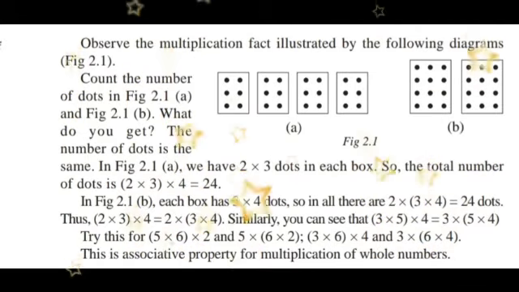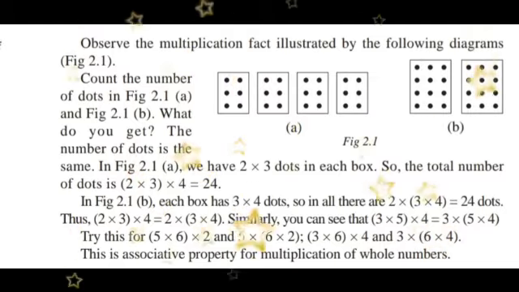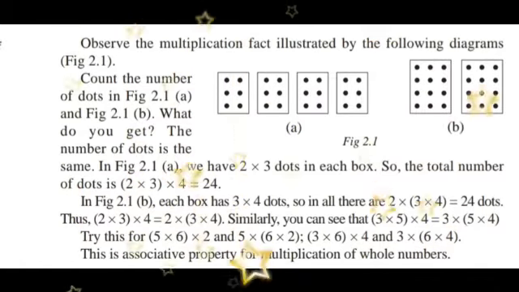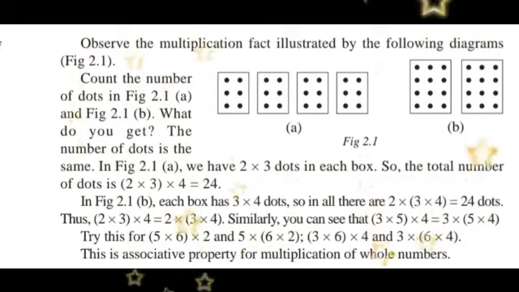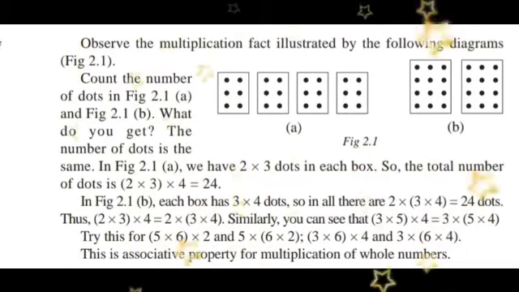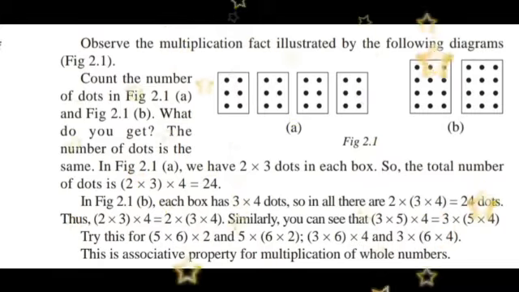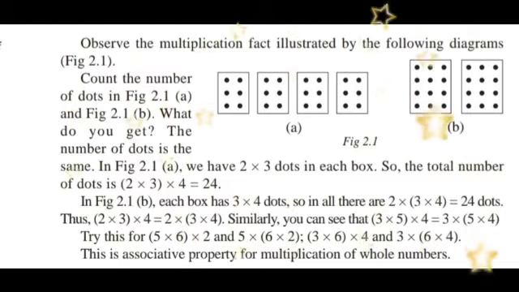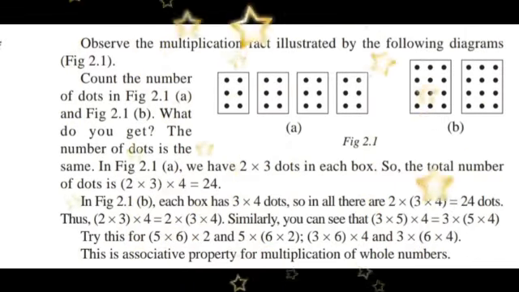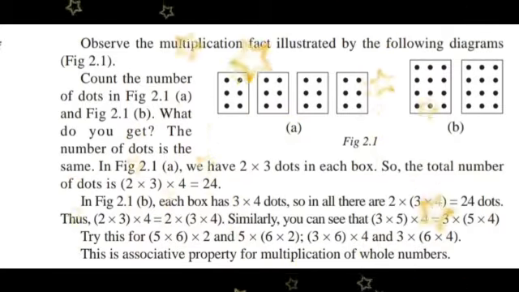Observe the multiplication fact illustrated by the following diagrams. Figure 2.1. Count the number of dots in figure 2.1 A and figure 2.1 B. What do you get? The number of dots is the same. In figure 2.1 A, we have 2 into 3 dots in each box.